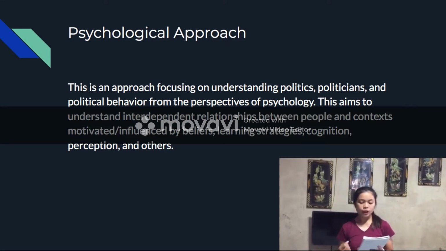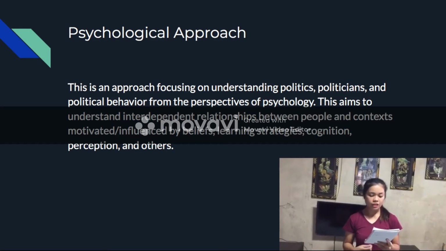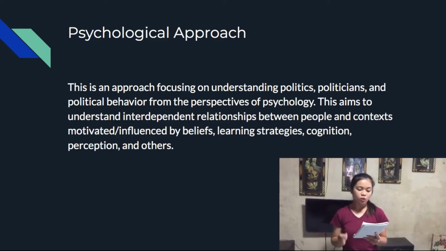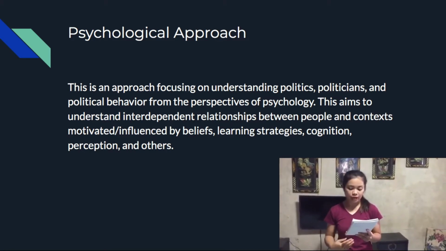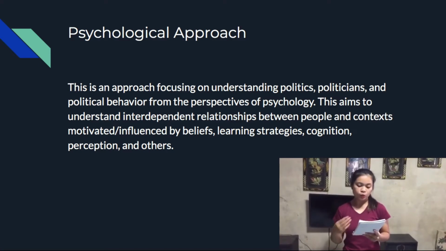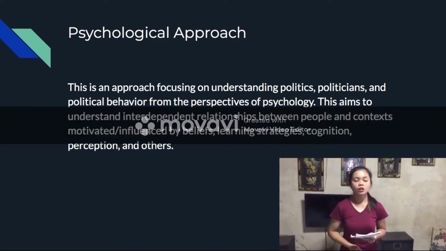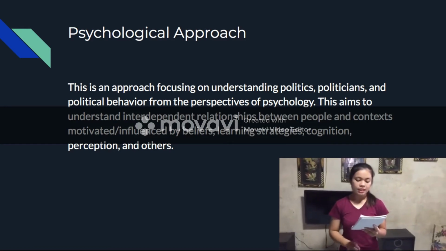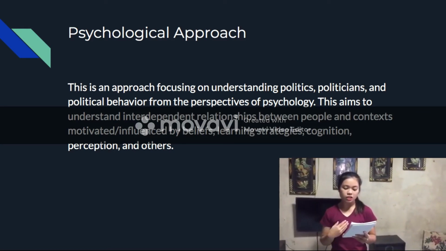How do people understand politics in every sense? The answers to those questions can be quite different depending on what psychological approach you take. So, the different psychological approaches are the personality, social identity, and social constructionist approaches.